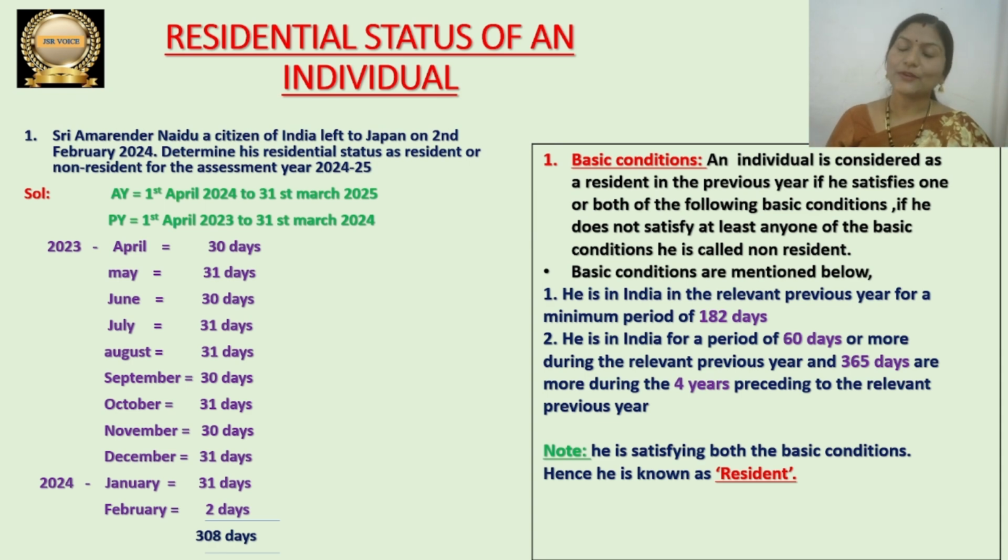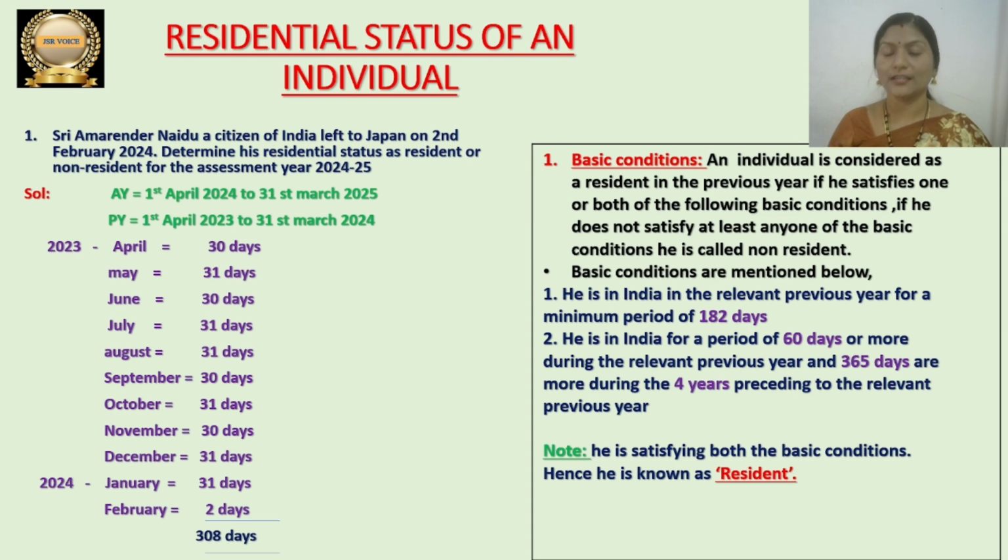So we have to determine what actually is the residential status of that particular person. Let us discuss how to solve it. Before determining the residential status, you must know what is assessment year and what is previous year.